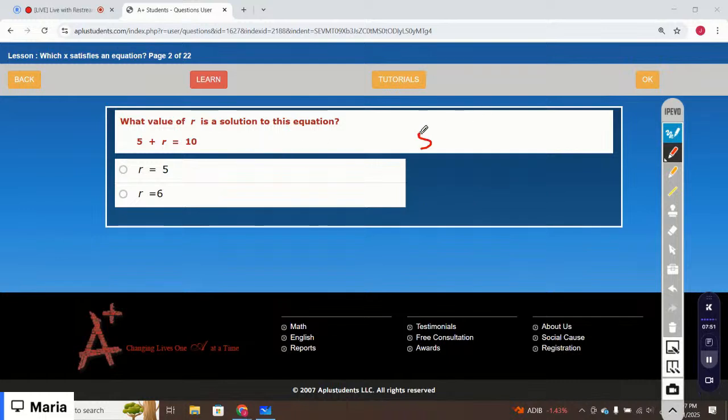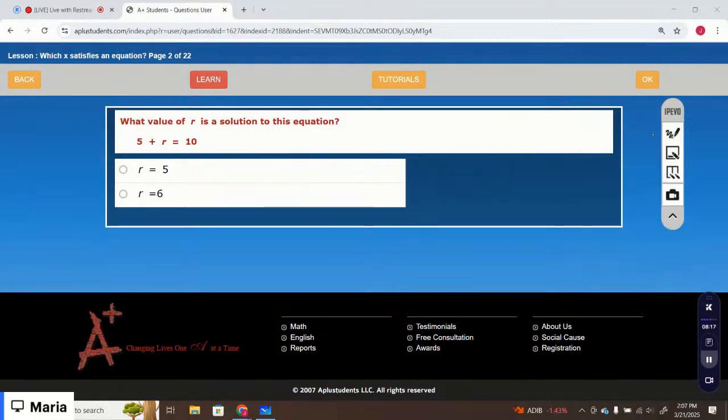You can try 5 plus 5 equals 10. Yes, both sides are exactly equal. So the correct option is r equals 5. Option number 1 is the correct option.